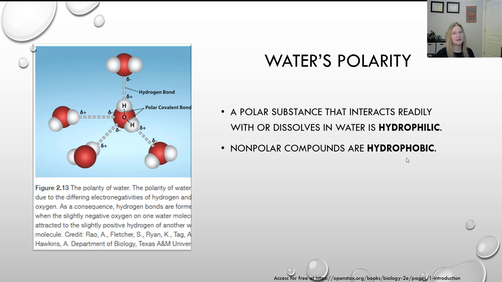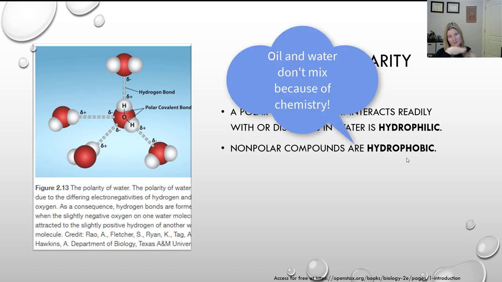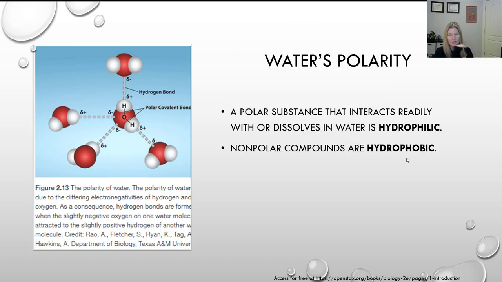For example, if you take vegetable oil and put it in water, you'll notice a separate layer. The oil does not want to interact with the water, and because the oil is made up of nonpolar molecules, it stays away from the water and does not dissolve within it.